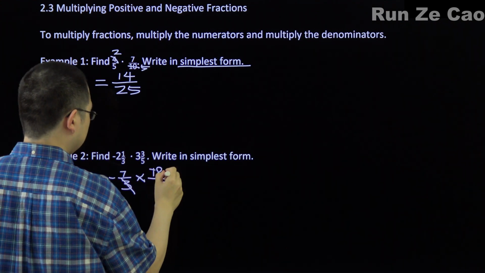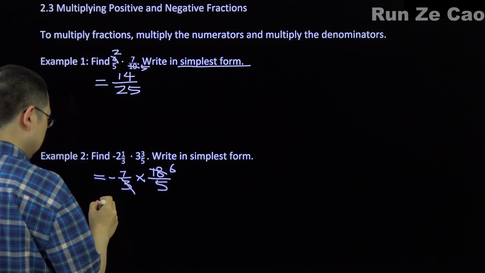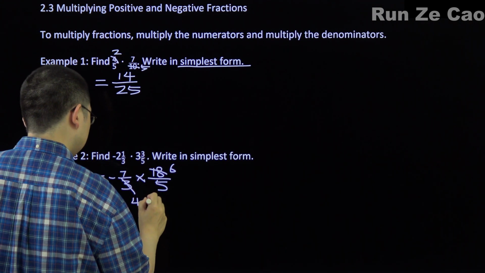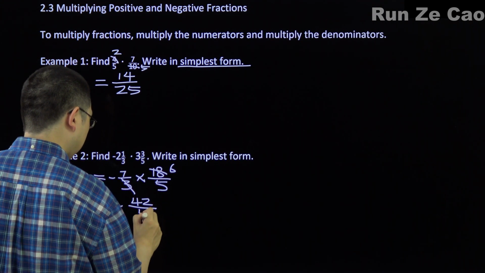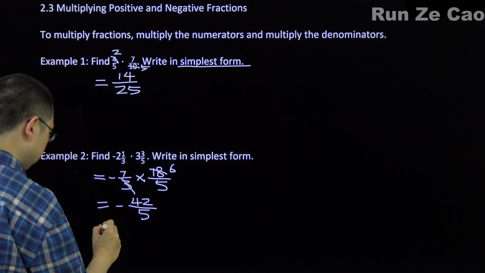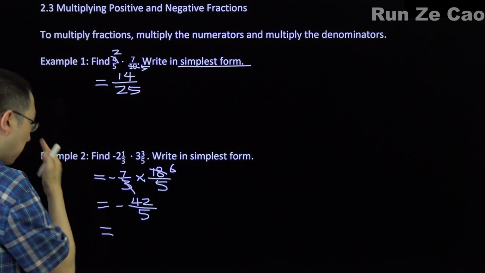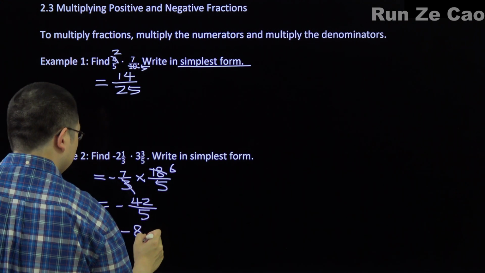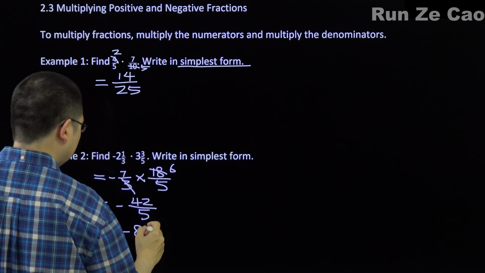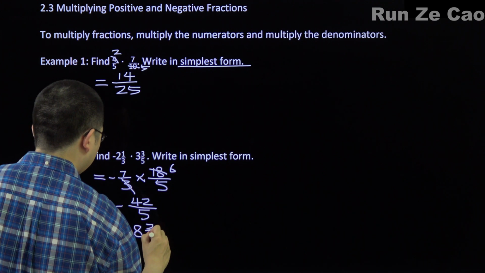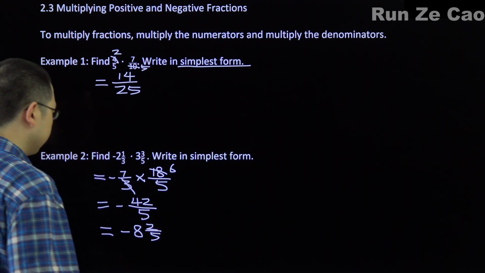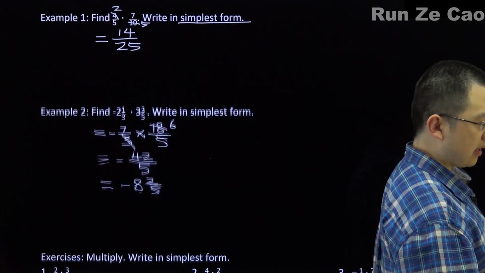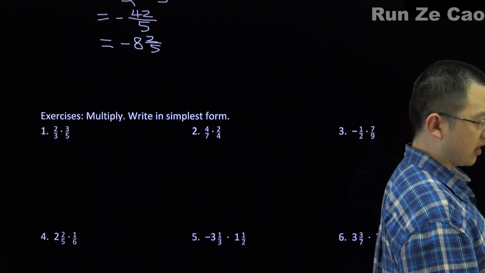Now we can cancel the 3, and we end up with negative 42 over 5, which is equal to negative 8.4, or 8 and 2 over 5. Because it says simplest form, not decimal.